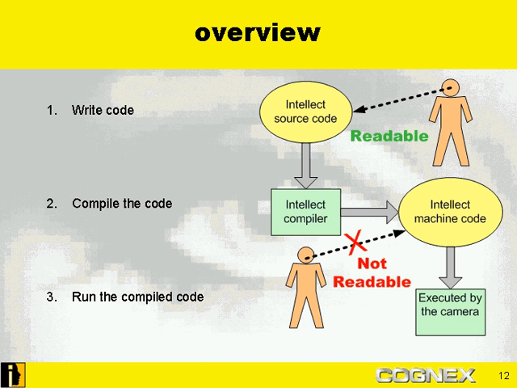And when you're writing code, what you and I type and work on is this Intellect source code. That's the readable type. Once you press the compile button, it jumps from here over there, and it gets compiled into Intellect machine code that we can't read and doesn't really mean much to a user. And that's what gets executed by the camera.